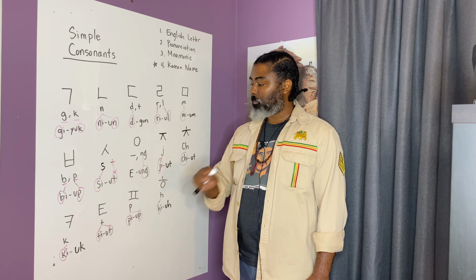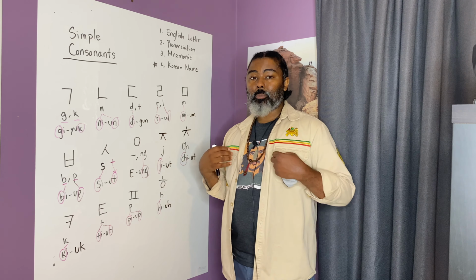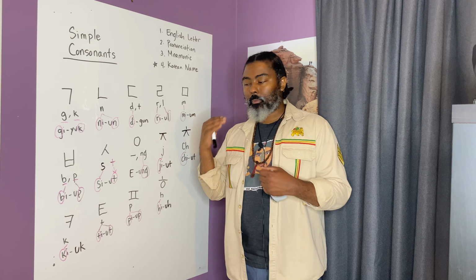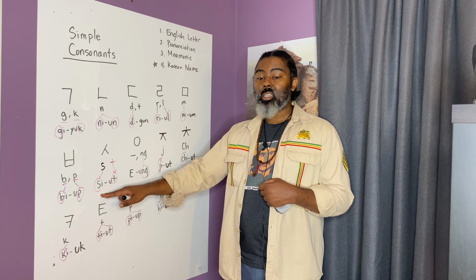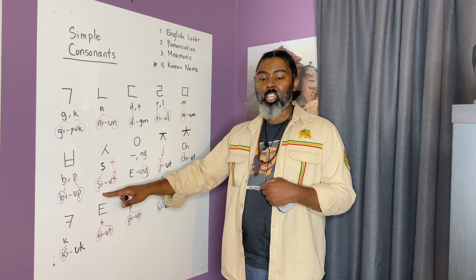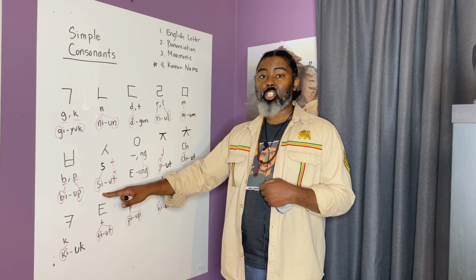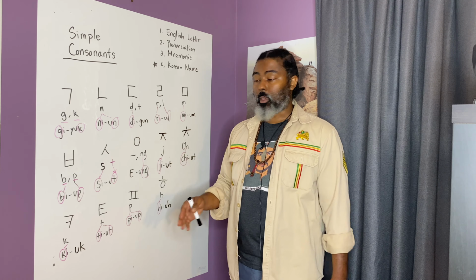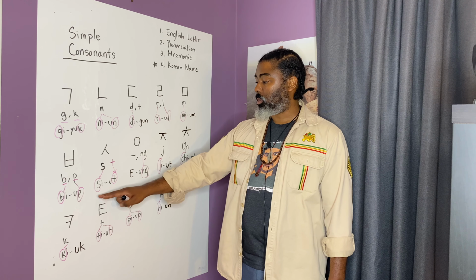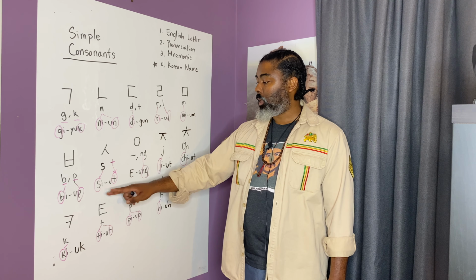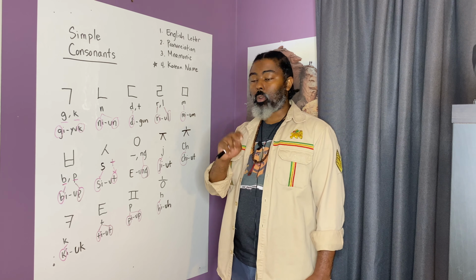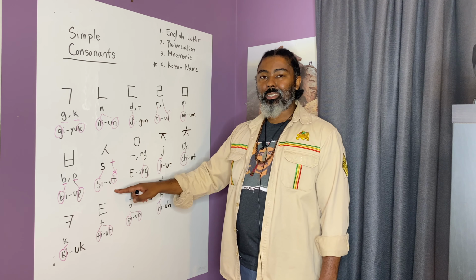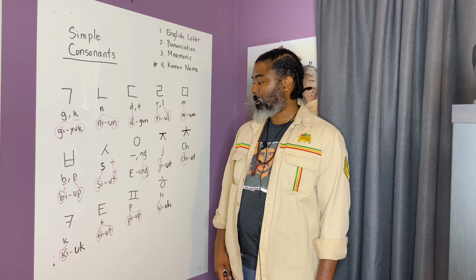Tip number two, from my experience, the Koreans will often say not 'si' but instead they would say 'shi'. It's just how they pronounce that word. And again, at the end of the word, it would be a T. So those are two tips for you. So it's not 'see-ut', but 'shi-ut'.